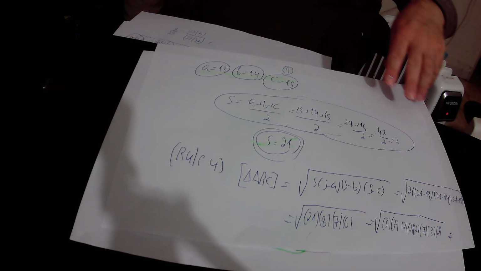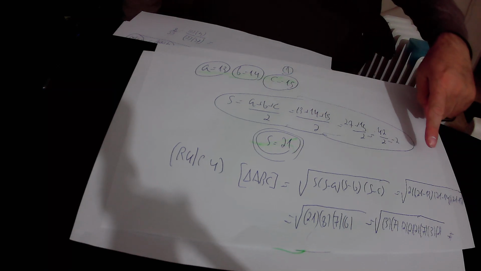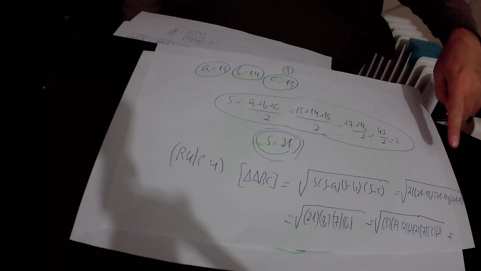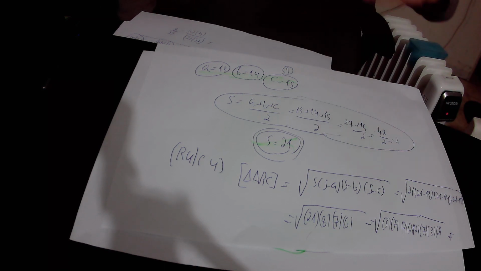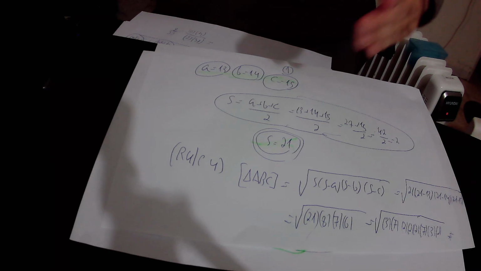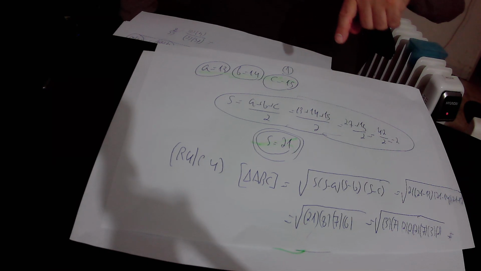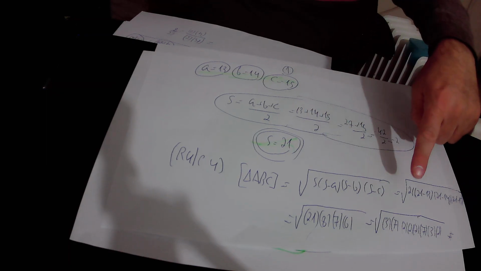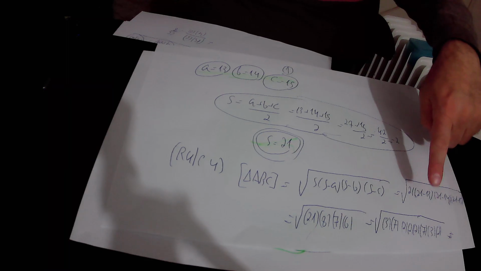So the area of our triangle ABC equals the square root of 21 times 21 minus 13, which is 8, times 21 minus 14, which is 7, times 21 minus 15, which is 6. So in total the area equals the square root of 21 times 8 times 7 times 6. Then we substitute 21 by 3 times 7, and we substitute 8 by 2 times 2 times 2.